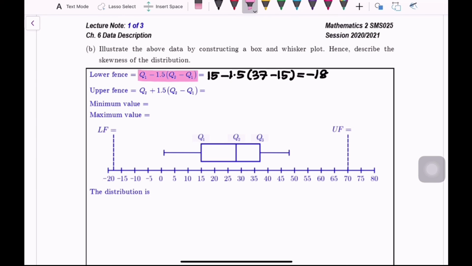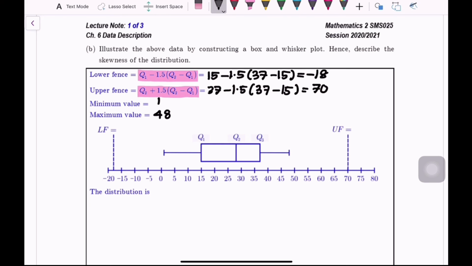For the upper fence, the formula is Q3 plus 1.5 times (Q3 minus Q1). So 37 plus 1.5 times (37 minus 15) is equal to 70. From the above data, the minimum value is 1 and the maximum value is 48.